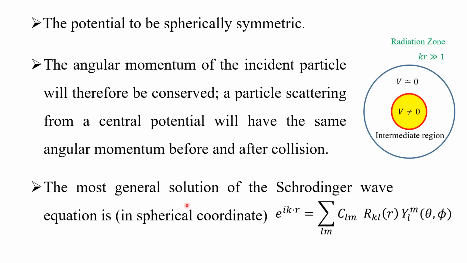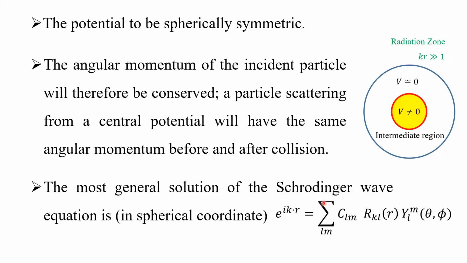The most general solution of the Schrodinger wave equation, particularly in spherical polar coordinates, is the plane wave e power ikr. In Cartesian coordinates, it is e power ikr.